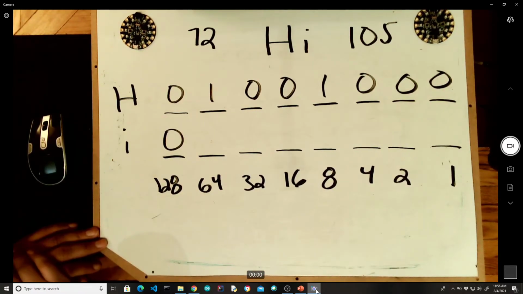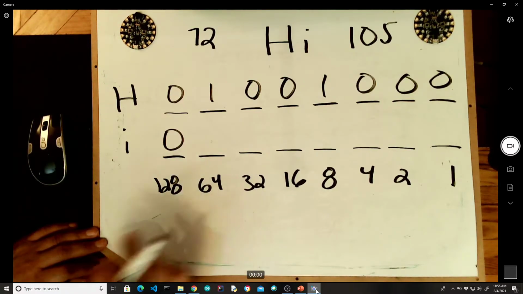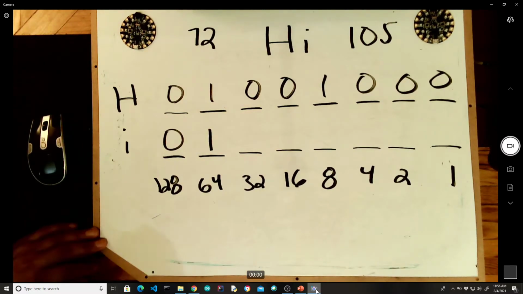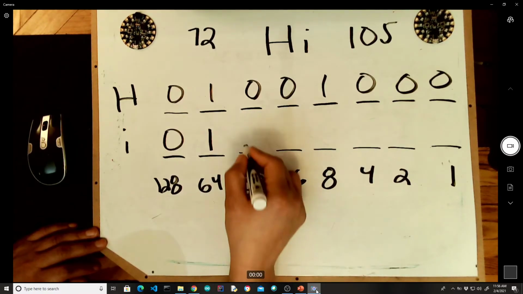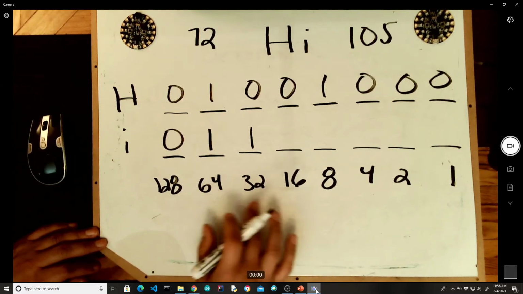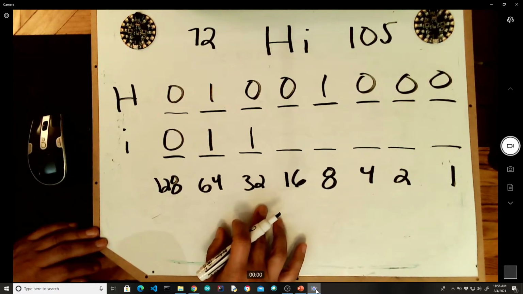Now let's handle the 105, which is a little larger. We could definitely take out a 64. I'm going to think through this a little more to make my life easier. I know that I can take out a 32 as well, because these two together make 96, leaving 9 left over.